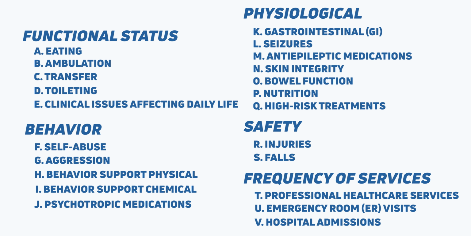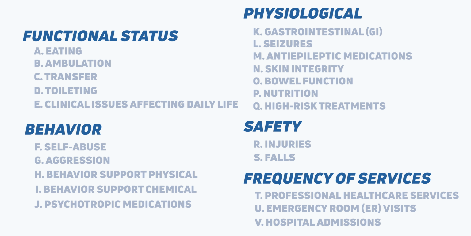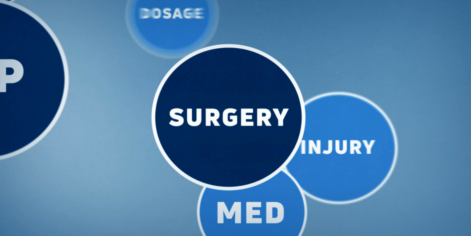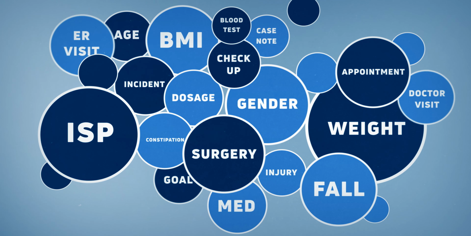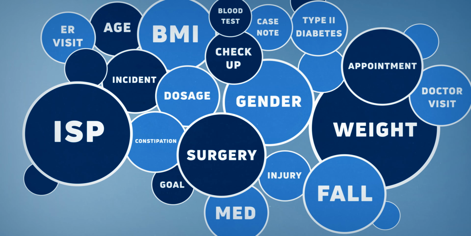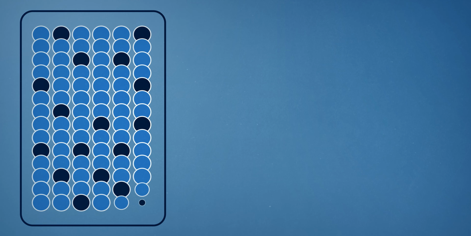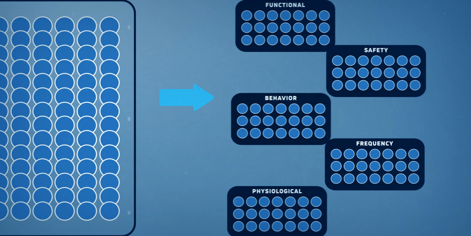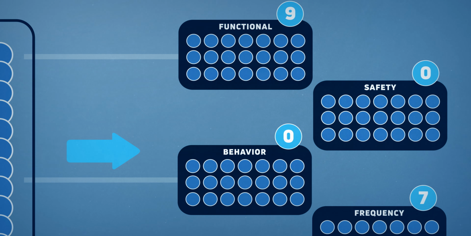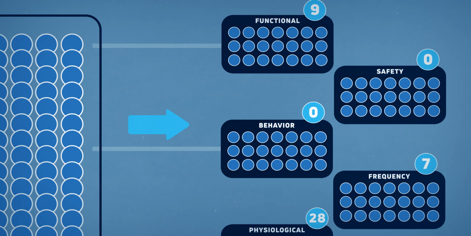The information is aligned into categories we spoke about earlier: functional, behavior, physiological, safety, and frequency of services. By means of the screening process, the HRST has taken information that may have once been overwhelming and confusing and assigned a weighted score, allowing attention to be placed specifically on the items that pose the greatest risk to the person.